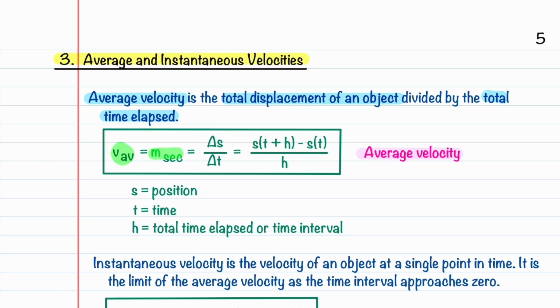It's actually the slope of a secant line, and it's the change in position, because s is position, divided by the change in time, where t is time, and it's given as s of t plus h minus s of t, where h is the total time elapsed or the time interval, all divided by h.